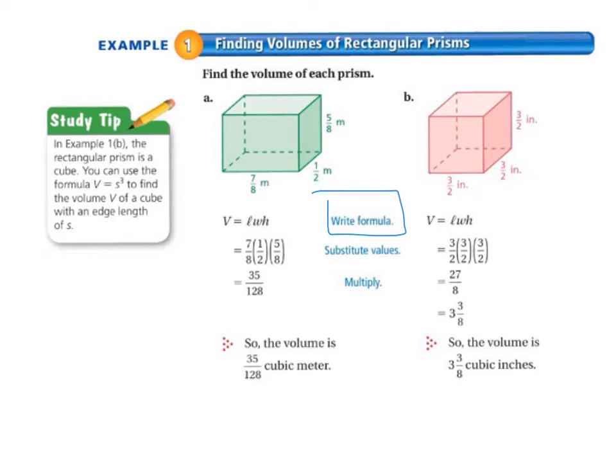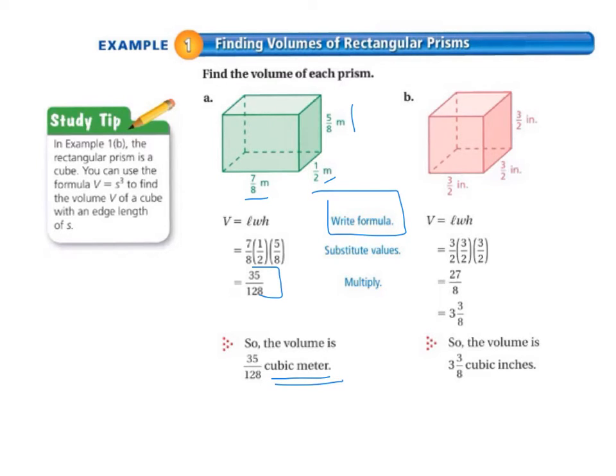So we multiply 7/8 is the length times 1/2 is the width times 5/8 is the height. And when we multiply all of those numbers together, we get 35/128. So the volume is 35/128 cubic meter.